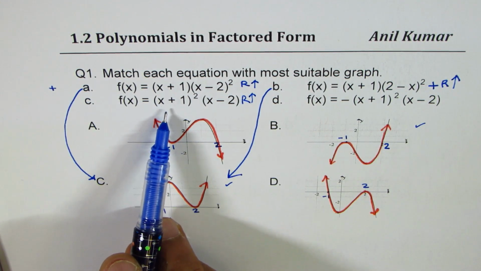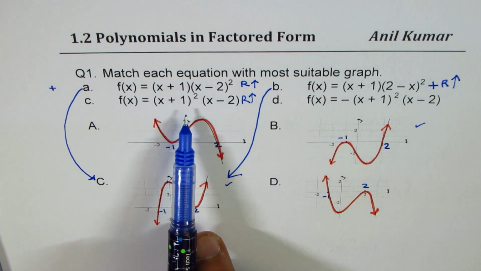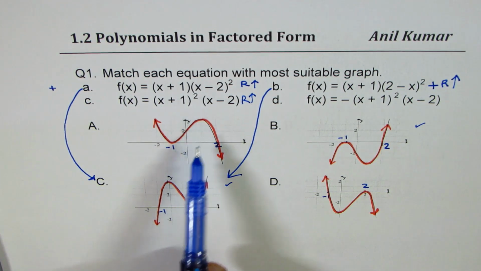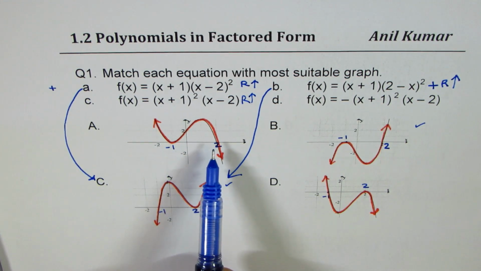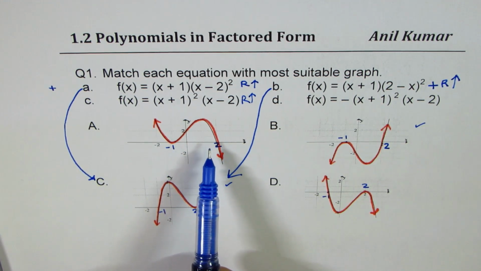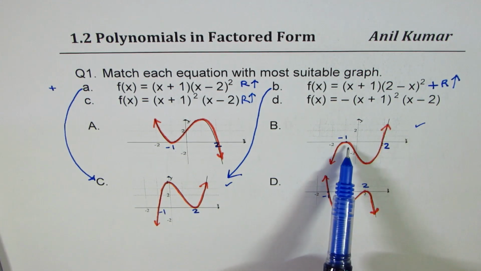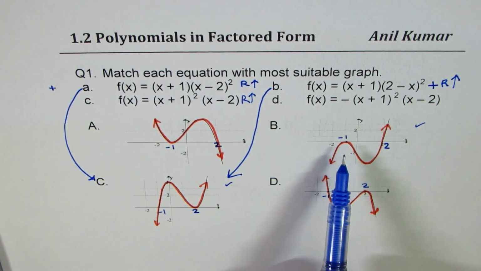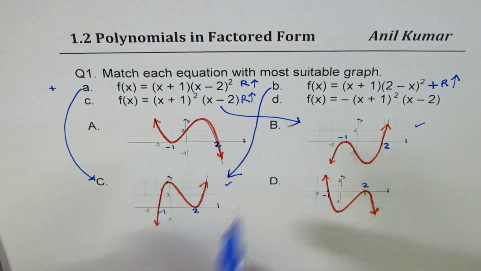Right side up with double zero at minus 1 is option B. So C gets connected with option B.